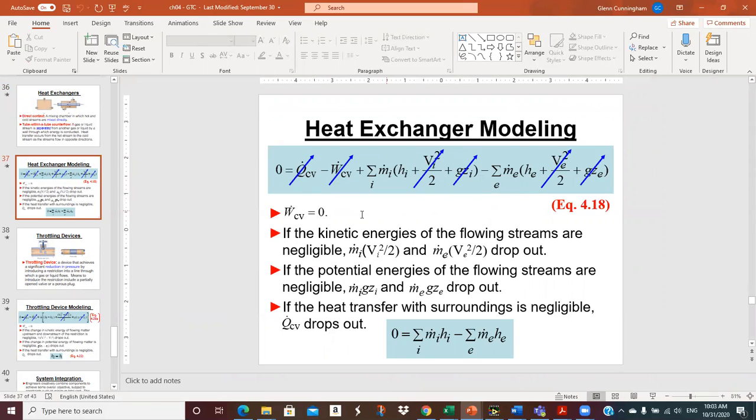And so when I apply the first law, this is the full-blown version for a steady state, and I throw out the heat transfer because it's adiabatic. There's no work involved. Throw out kinetic and potential energy, and so this boils down to summation of m dot in times H in minus summation of m dot out times H out equals 0, and so I can rearrange the equation.